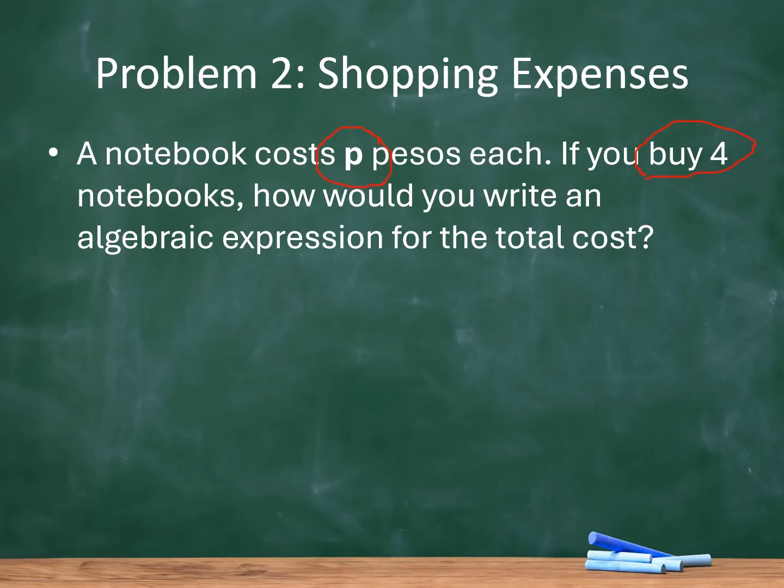So we will multiply 4 to the price of each notebook, which is represented by P. So the algebraic expression to represent the total cost will be 4P. 4 is the number of notebooks that we bought, and P is the price for each notebook.